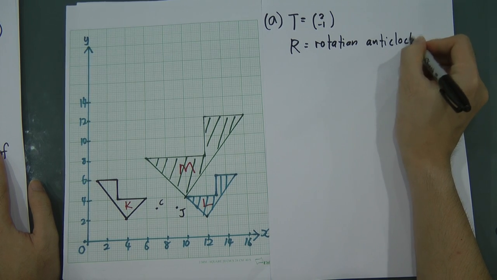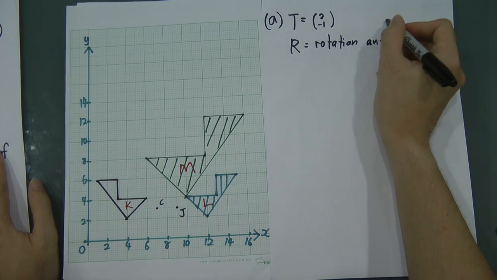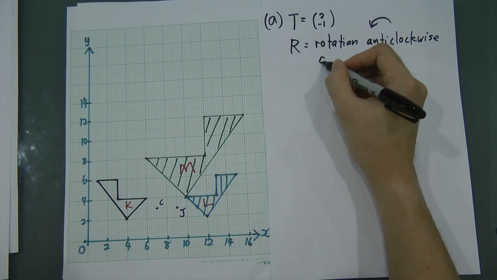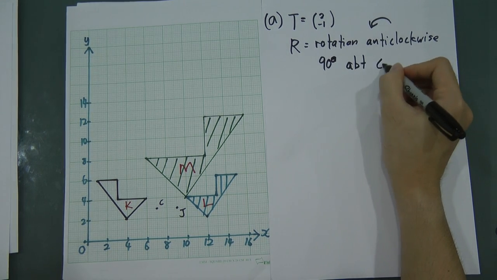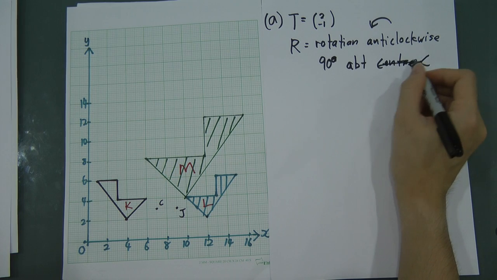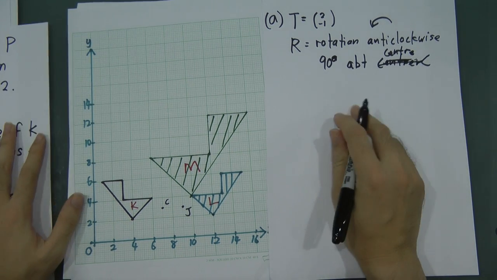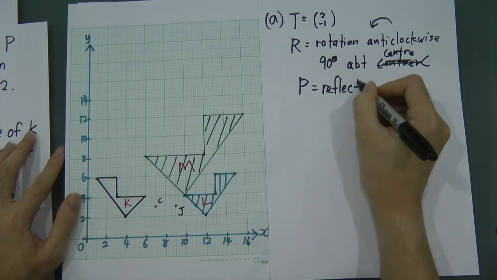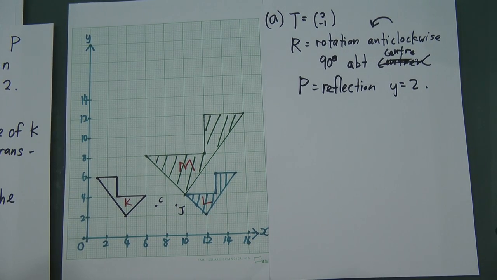You must know the direction for anti-clockwise: the clock turns like this, so anti-clockwise means in this opposite direction. So anti-clockwise 90 degrees about center C. And then we have another one, P. P is a reflection on the line y = 2. Okay, I write some short forms just for myself to understand.